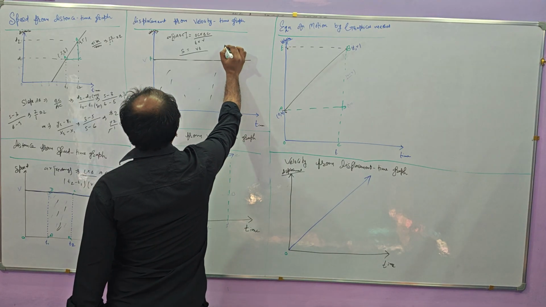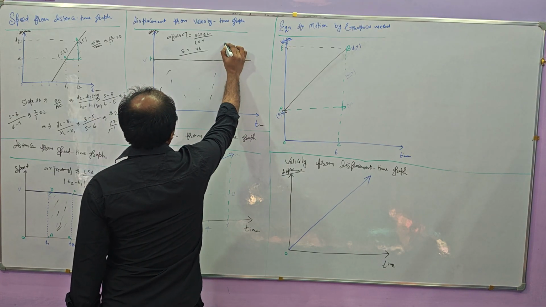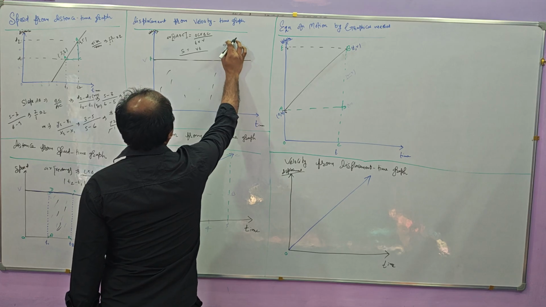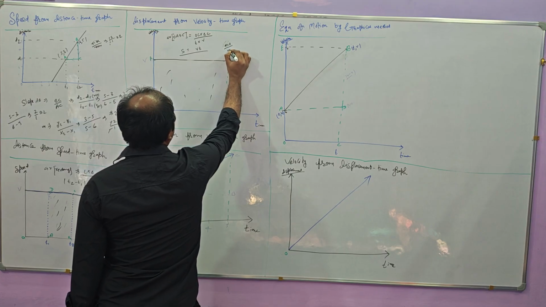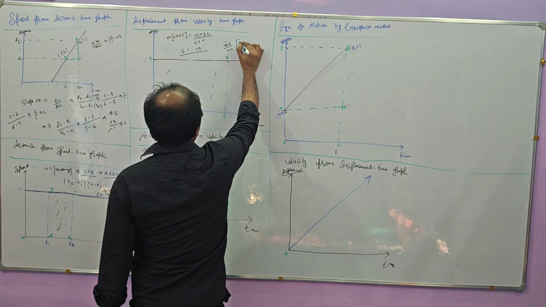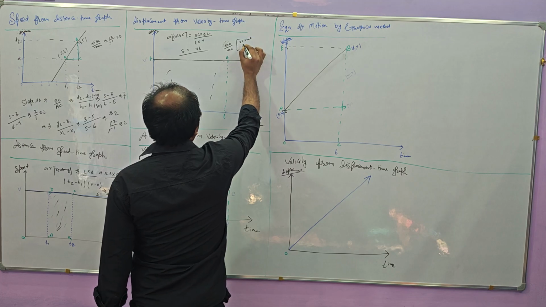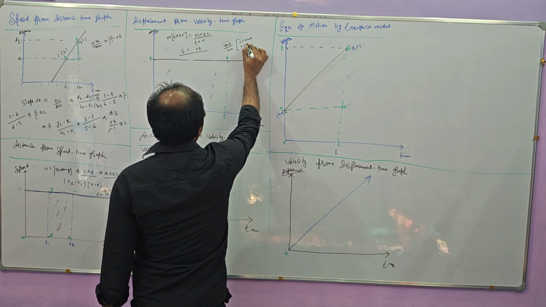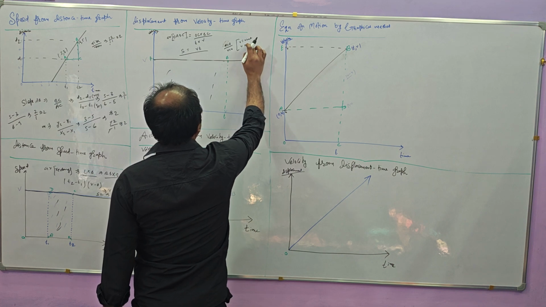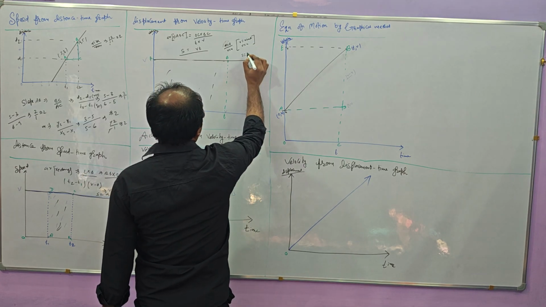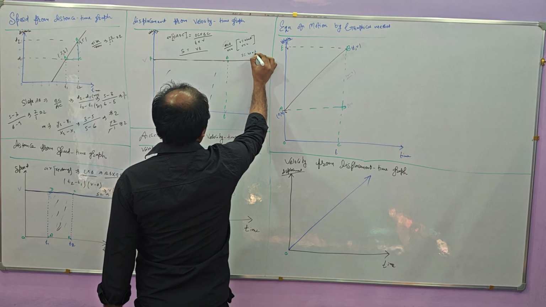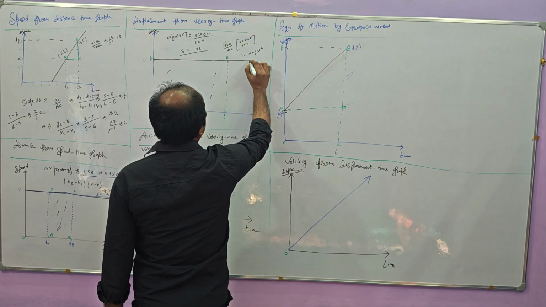When slope becomes zero, that means acceleration becomes zero, a is equal to 0. When a is equal to 0, that means v is equal to u, from v is equal to u plus at. When v is equal to u, s is equal to ut plus half at square.